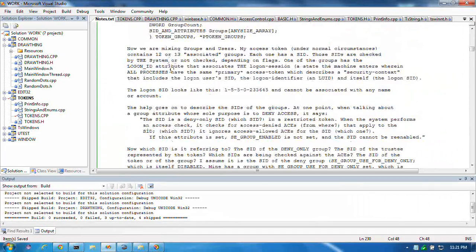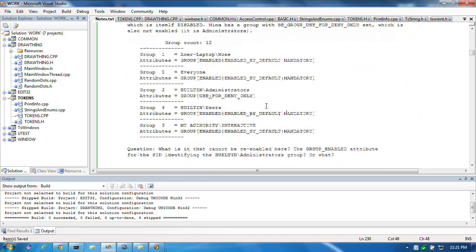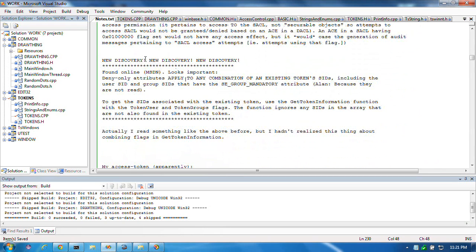I've written it down. You know, which SID are you talking about? Yes, okay, new discovery. To get the SIDs associated with the existing token, use the blah blah blah.